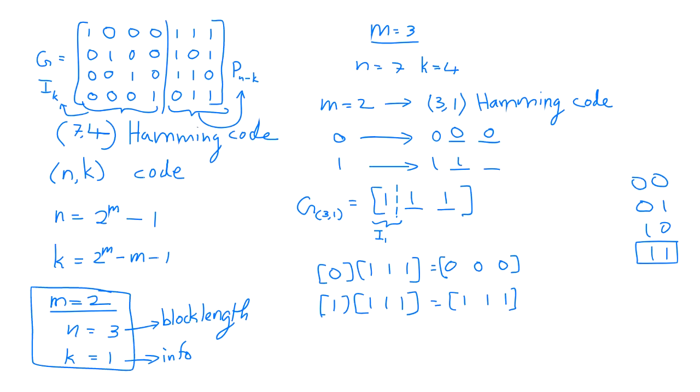Now, if you remember, for the 7-4 Hamming code, the minimum Hamming distance d min is equal to 3.